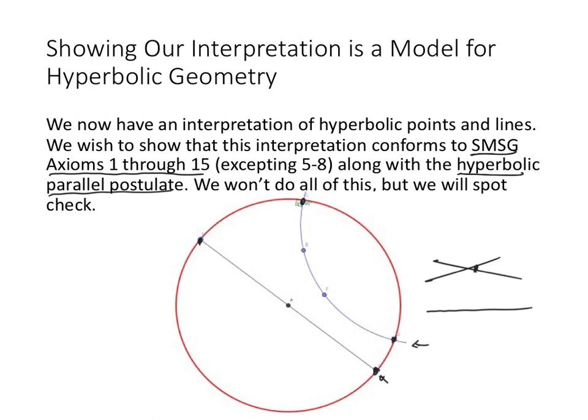Okay, so today, what I'd like to do is two things. First, I'd like us to verify that this interpretation satisfies the hyperbolic parallel postulate. And then after that, I would like us to make some explicit computations involving distances between points.